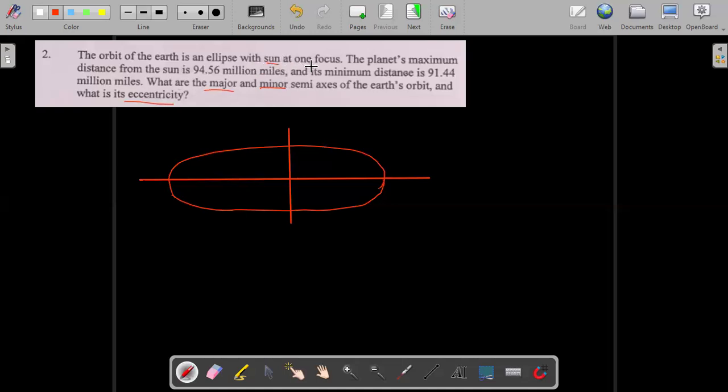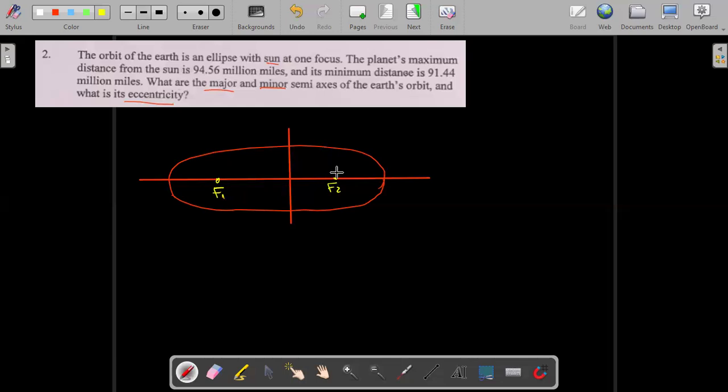Since it's an ellipse, we know that it will have two foci. So you can have one here, let's name this F1, and then another one here, let's name this F2. They're telling us that at one of these foci you have the Sun.